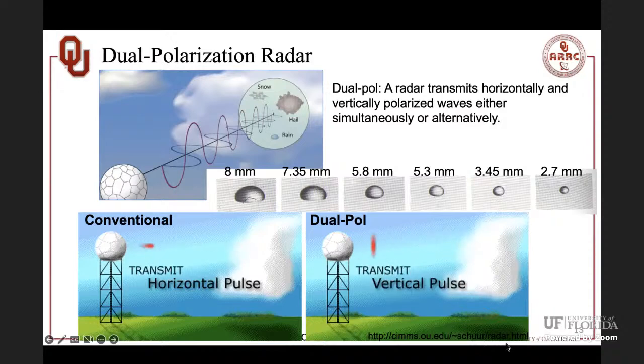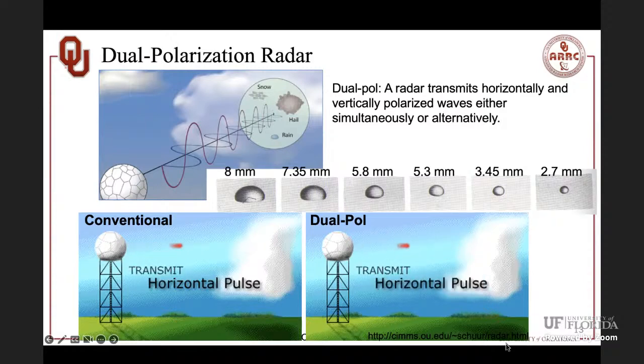So you can guess, if I have one water drop shaped like this, and my wave is polarized this way and polarized this way, which polarization do you think can give me more return? Horizontal or vertical? Horizontal, right? Because this one has more intersection, it can intercept more of the energy that is polarized this way compared to this way. If it's spherical, then it's the same thing.